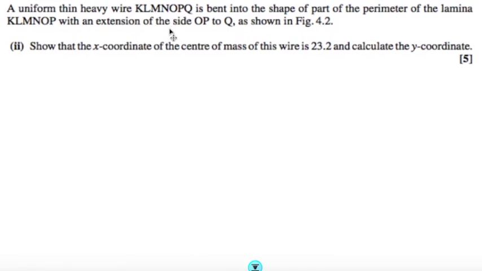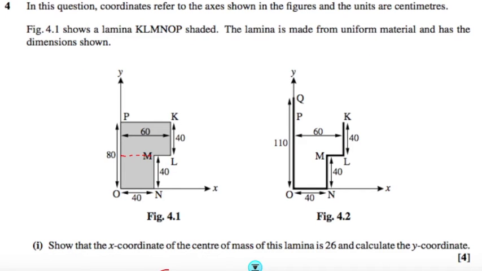Right, a uniform thin heavy wire KLMNOPQ is bent into the shape of part of the perimeter of the laminar KLMNOP with an extension of the sides OP to Q. Okay. Show the x coordinate of the centre of mass of this wire is 23.2 and calculate the y coordinate. Alright, so actually this is more complicated because there's more parts to the shape.